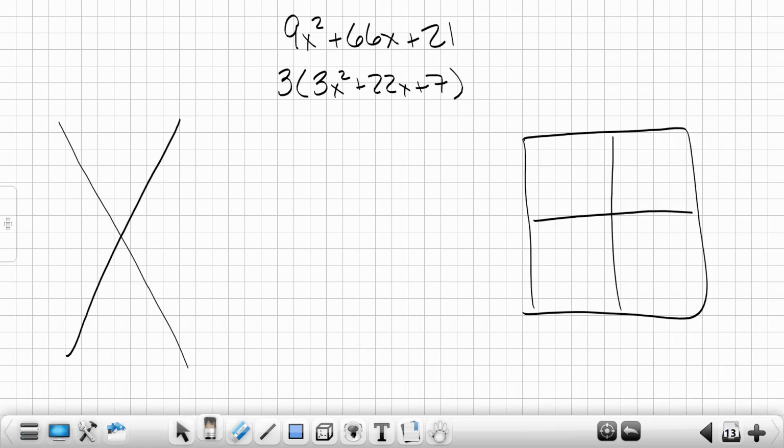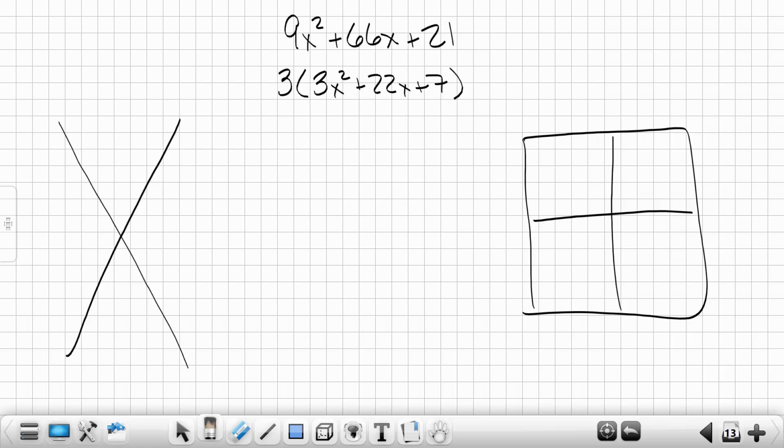Why don't you guys take 2 minutes and get the X formed up? No, yeah.